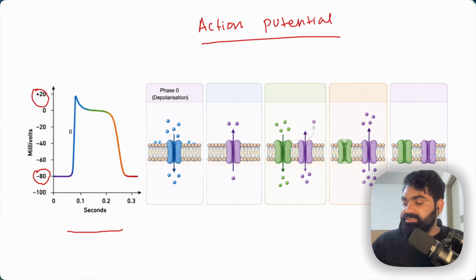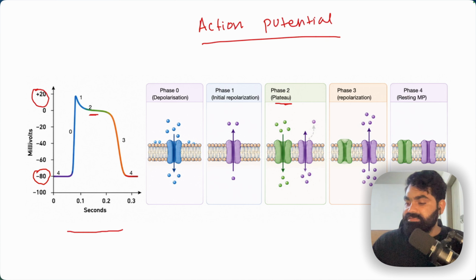So basically depolarization is happening here. The next stage is initial repolarization, and you can see phase 2 is the plateau, as shown on the graph here. Then repolarization is happening at phase 3, and then phase 4 is where we have returned to normal.